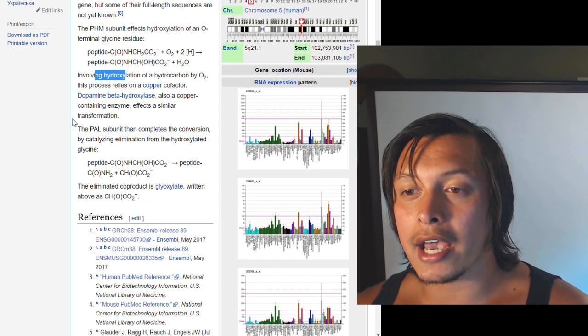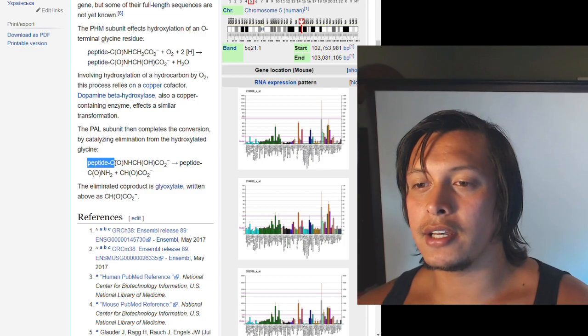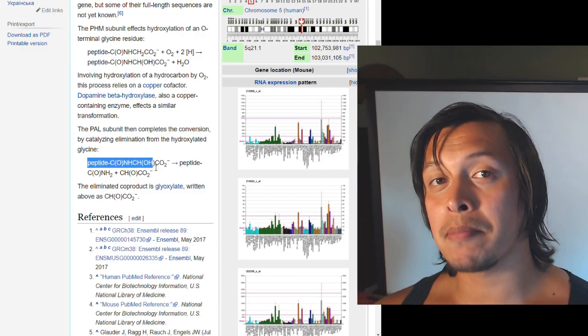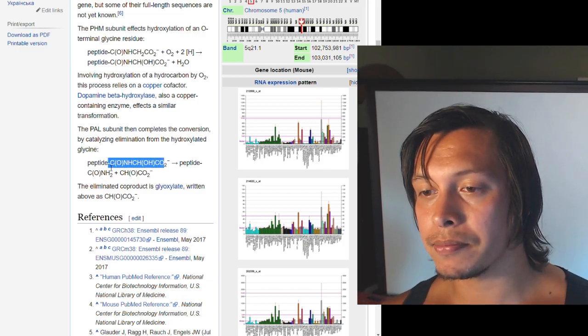And then the PAL subunit takes the same peptide that's already been processed.